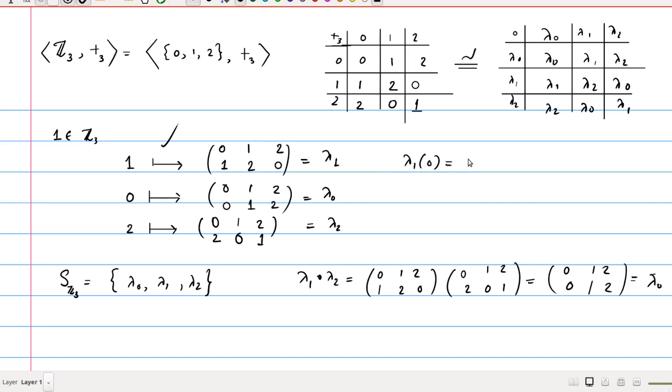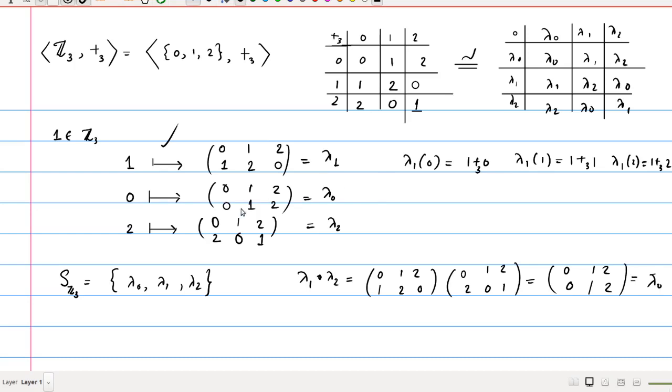Lambda 1 of 0 is nothing but 1 plus 0. How will you get lambda 1 of 1? This is 1 addition modulo 3 with 1. And how will you get lambda 1 of 2? That is 1 addition modulo 3 with 2. That means operate 1 from the left hand side of each of these elements. Okay, so this defines a map.